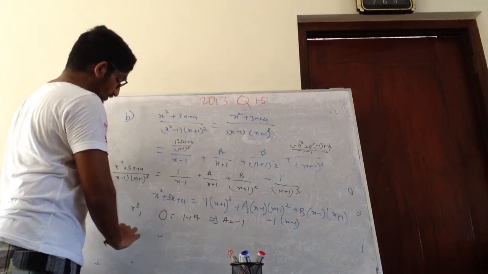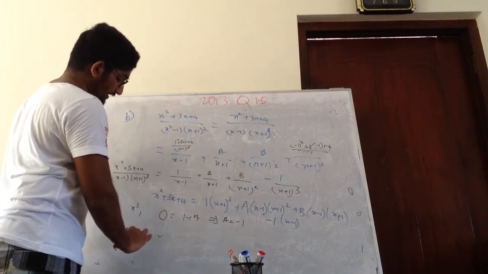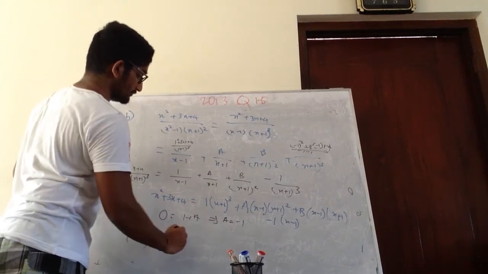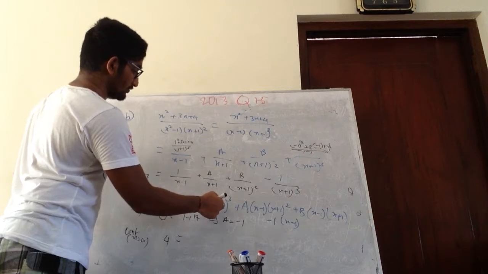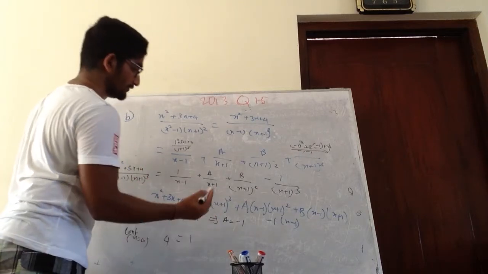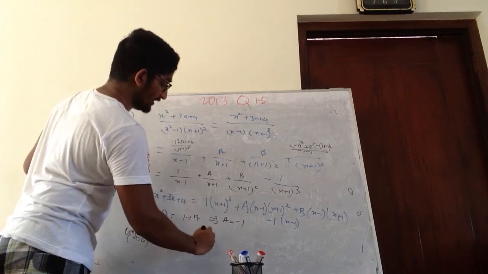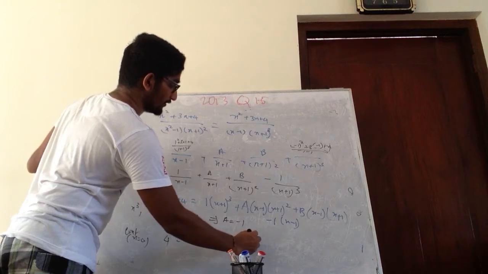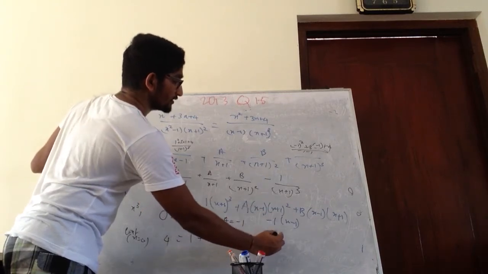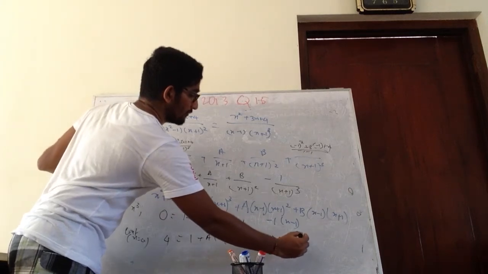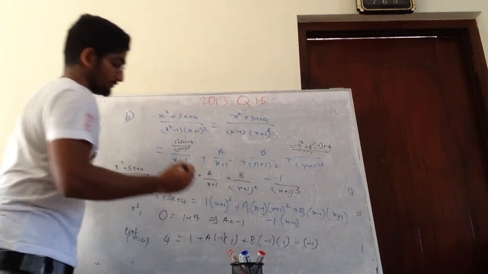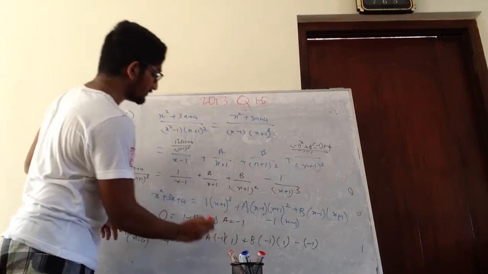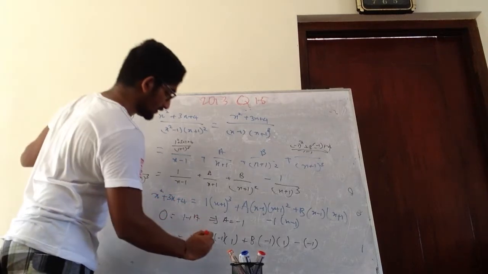Then I take the constant, or basically when x equals 0, that means it's going to be 4. Here 0 plus 1 cubed is 1, plus a times minus 1 times 1, plus b times minus 1 times 1. Anyway, a is going to be minus 1.